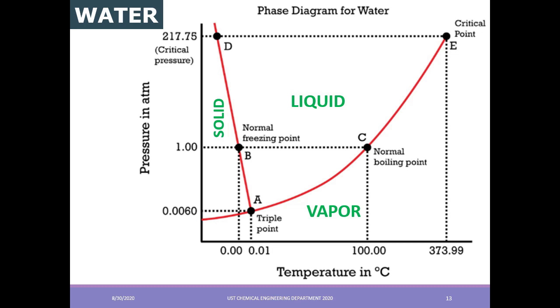First, let's discuss the phase diagram of water below 374 degrees Celsius and 218 atmospheres. There are three main areas in this diagram representing the solid, liquid, and gas phases of water. In these areas, the degree of freedom is 2, which means that two variables are required to properly identify the state of the system.